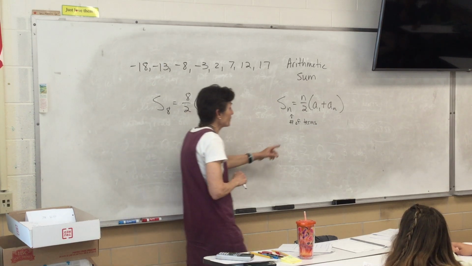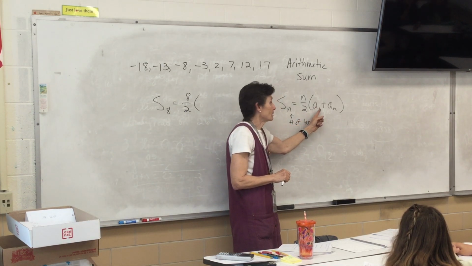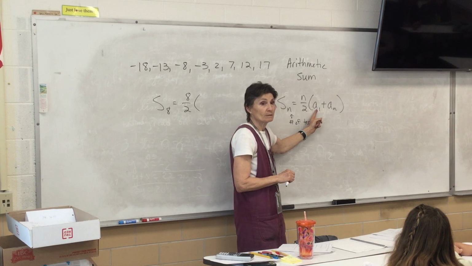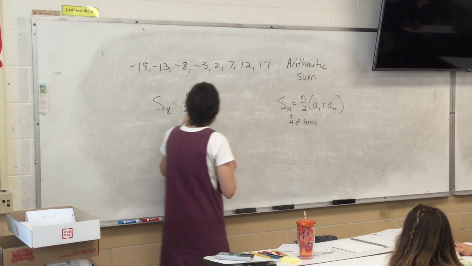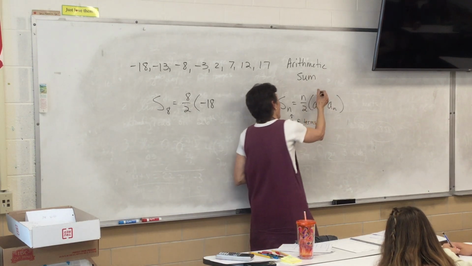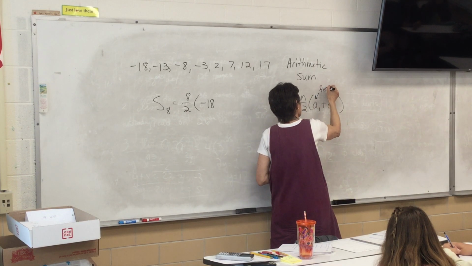We've been using this one all along, guys. What's A sub 1 stand for? The first term, which in our problem is negative 18. A sub 1 is always the first term.